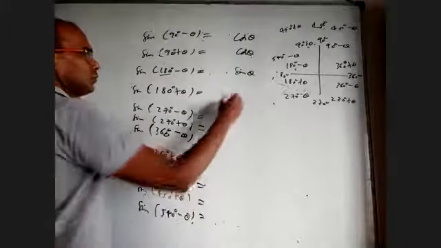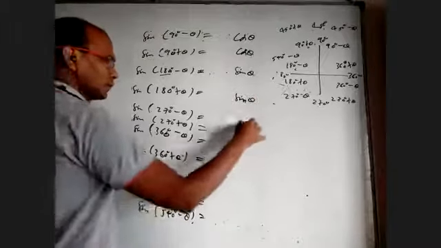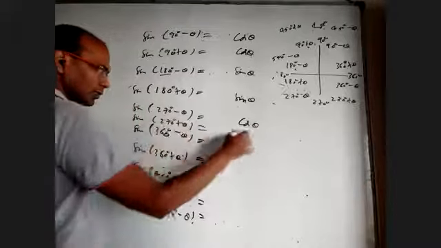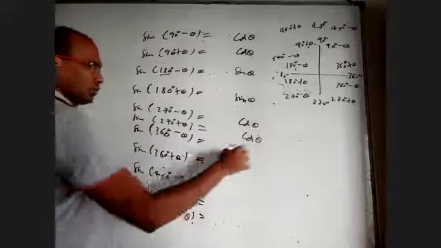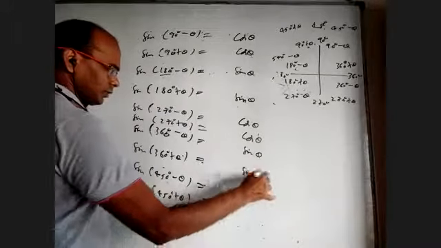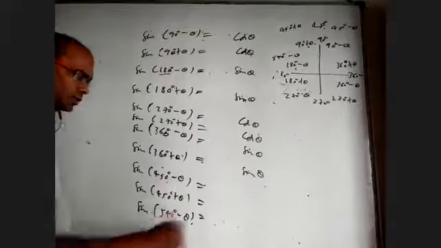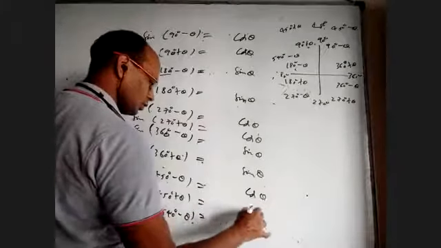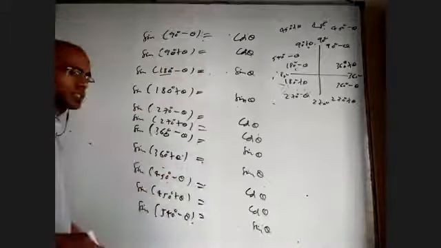Sin theta. Next, cos theta. Next, cos theta. Sin theta. Sin theta. 450, cos theta. So for the odd multiple, cos theta. Cos theta. Sin theta.